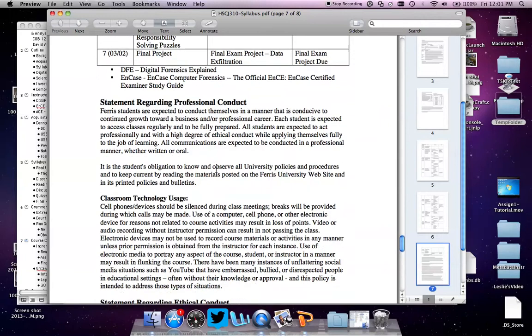I would like to stress that we do expect professional and polite conduct within the classroom. There have been situations where students have been, we will say, unruly or rude to both students and instructors. That is not acceptable. Obviously, Ferris expects a standard business professional approach in the classroom from all individuals.